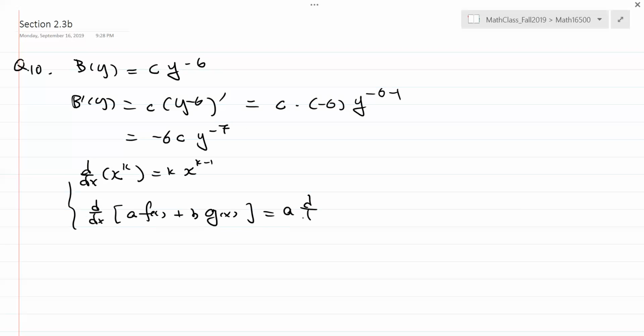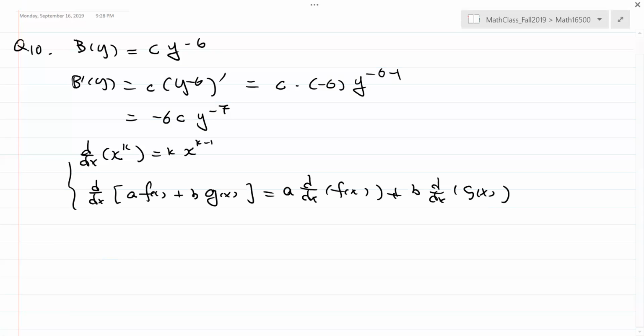And it's going to be a times the derivative of f of x plus b times the derivative of g of x. This is called the linearity of differentiation. So here we only have one term. b is gone, just a times f of x, just take the constant out. So those are the formulas.